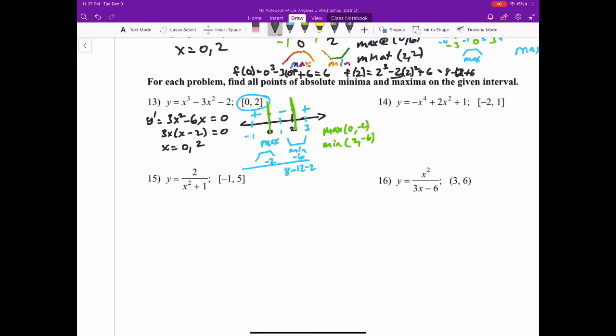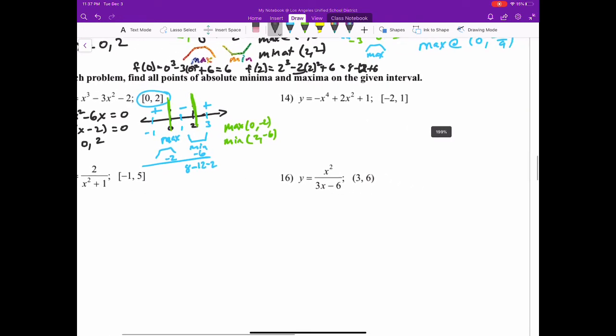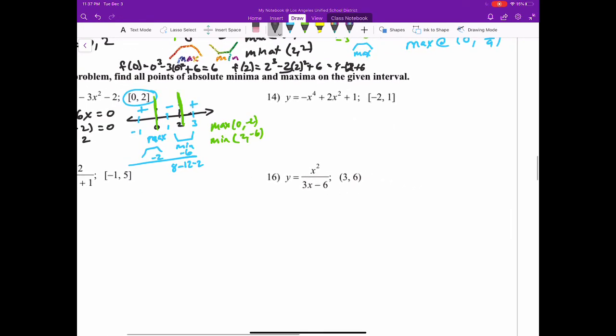Okay, the next problem we're looking at here is just to the fourth power now. Should make this a little more tricky, right? Same problem. Y prime is equal to negative 4x cubed minus 4x. We're going to make this equal to 0. I can see a common 4. Oh, that's a positive 4, I'm sorry.